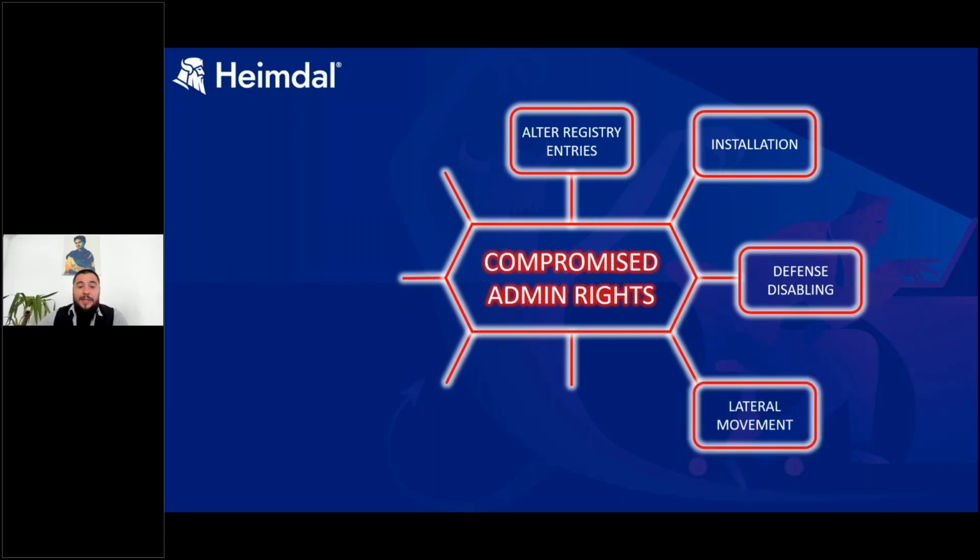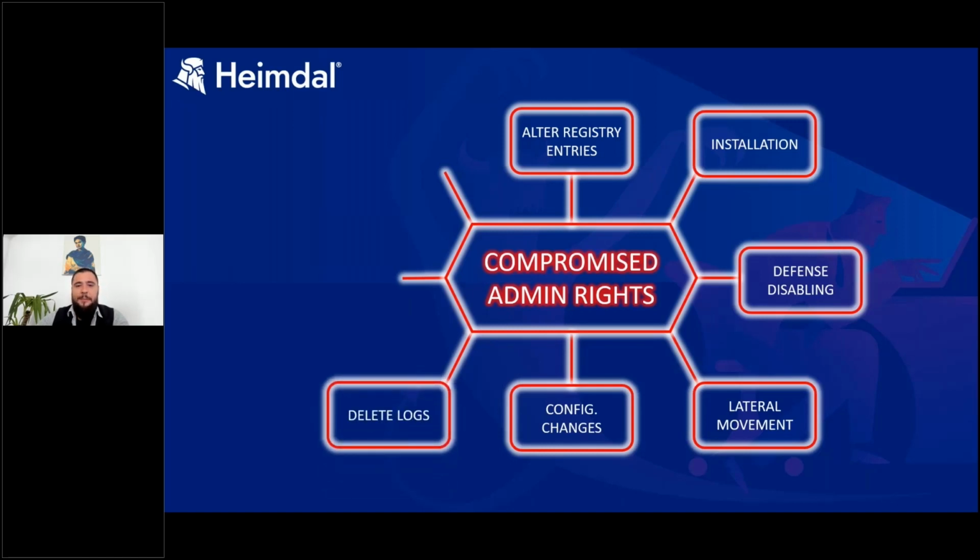Fourth step, I will move laterally. What does that mean? I will scan your network and see what other objects and assets I can compromise before I launch my full attack. Then I will change configurations in your computer, so I will have my malware run as a shell in your computer, auto start each time, and so forth.